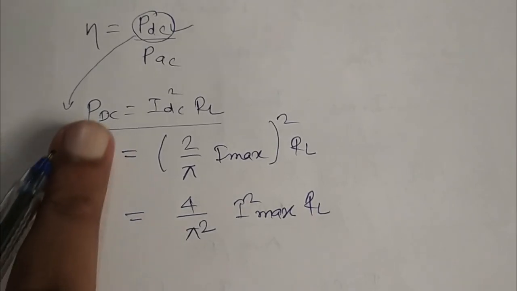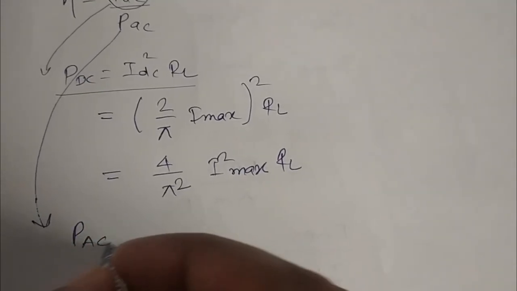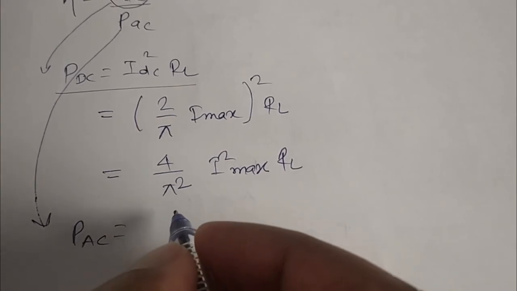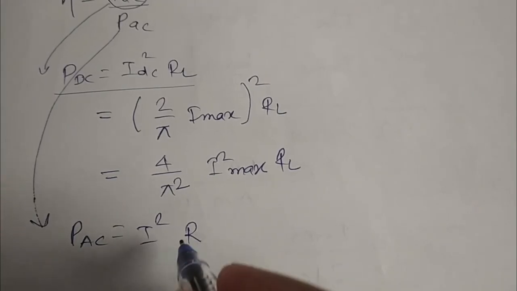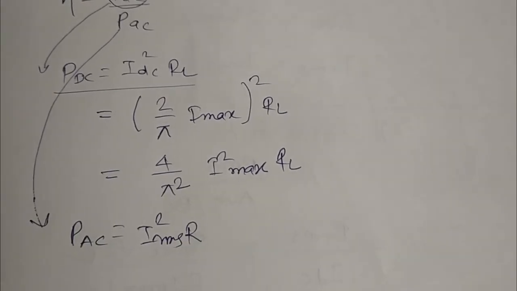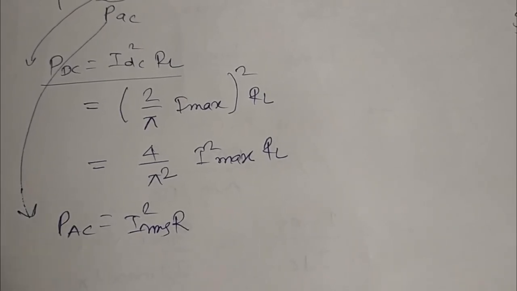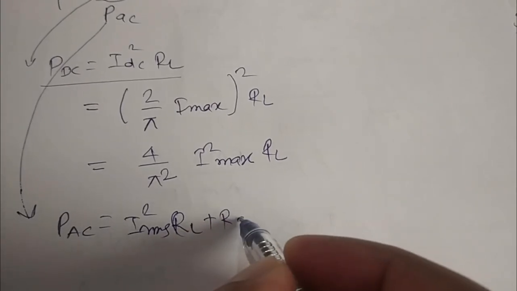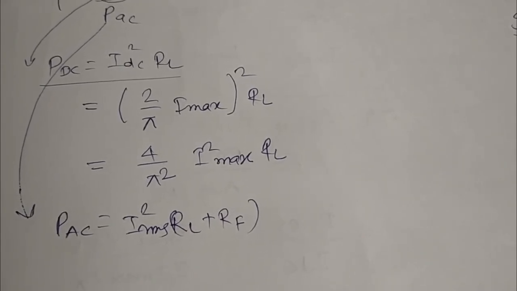This is output DC. Now if we calculate the input AC, how much input AC power is there? It will also have the same formula I square R. But what will be I square in this case? In this case I square is the root mean square of input. And what will be the R? Here R will consider RL plus the diode resistance RF, which is not shown in the circuit diagram. It is considered as the internal resistance of the diode.